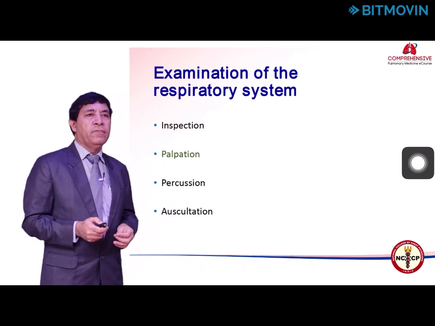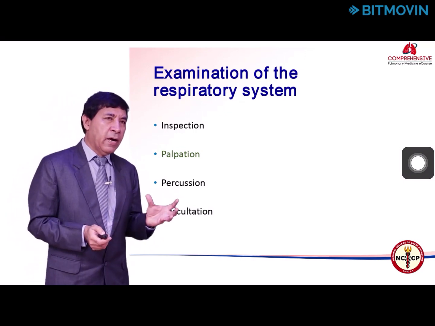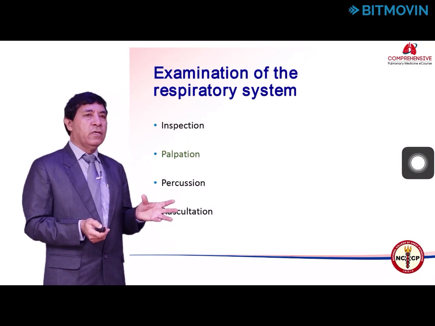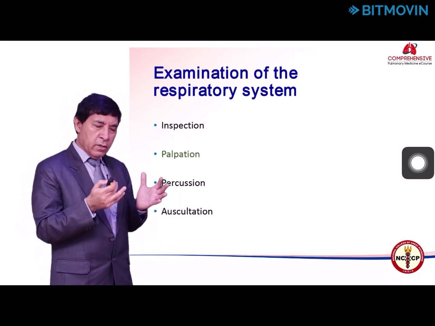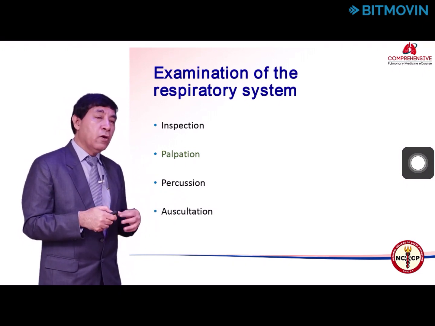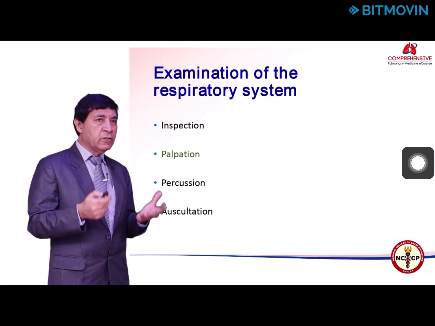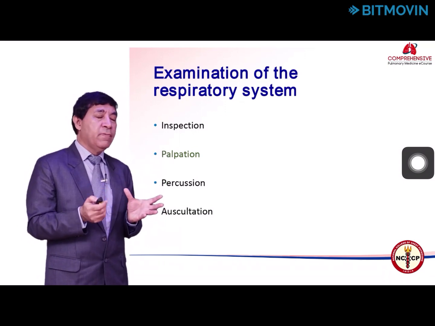Many times, if the patient has a milder loss of lung function, a milder fibrosis, a little pleural effusion, or a segmental collapse, sometimes you may not be able to appreciate that on inspection, because the change in the size of the movement may be very subtle.